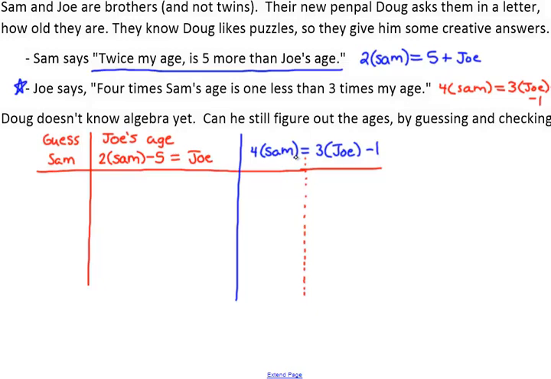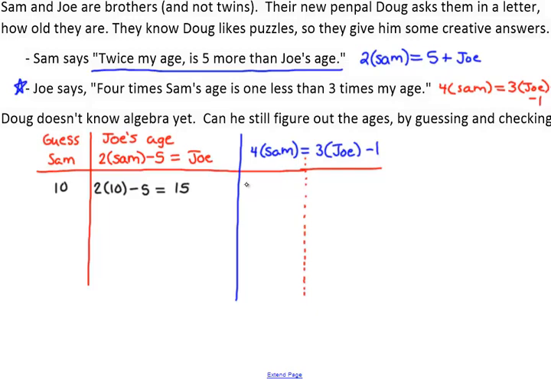Alright, so let's guess Sam's age. Let's say Sam's 10. We're going to use that guess of Sam to find Joe's age. So we say 2 times 10 minus 5, which gives us 15. We're not saying that Sam and Joe are the same age.